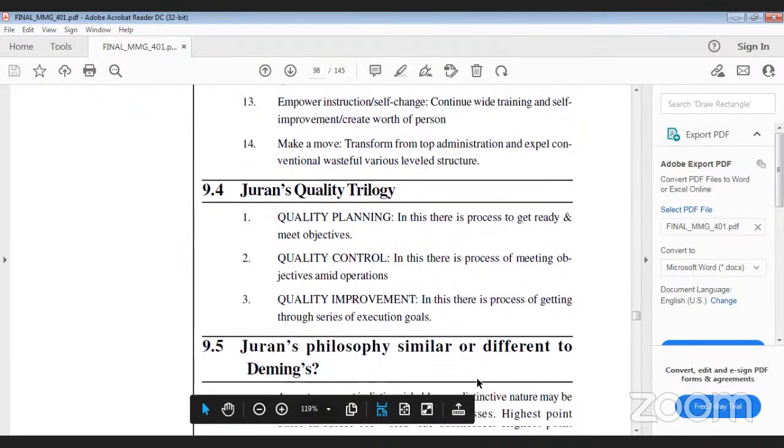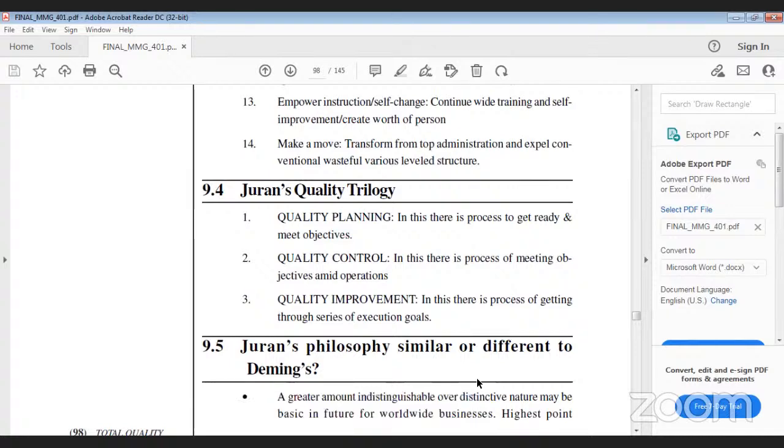Second is quality control: a process of meeting objectives amid operations. Third is quality improvement: a process of getting through the series of execution of goals.